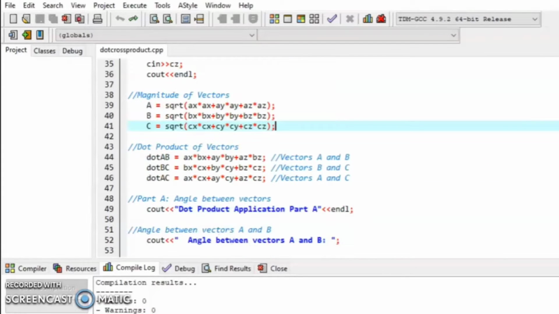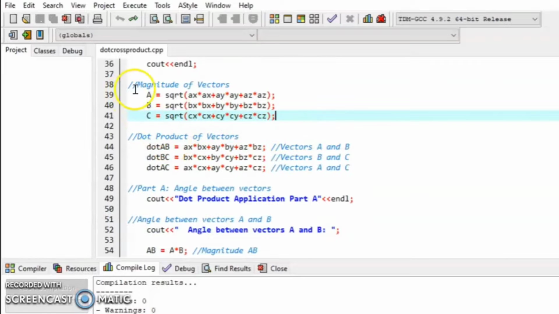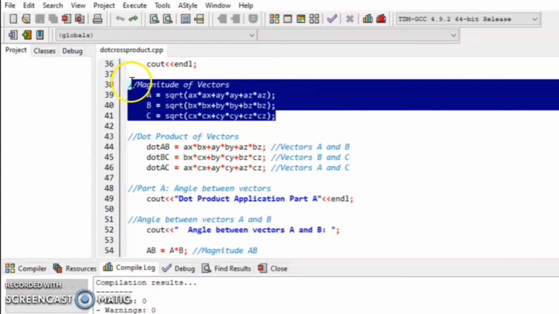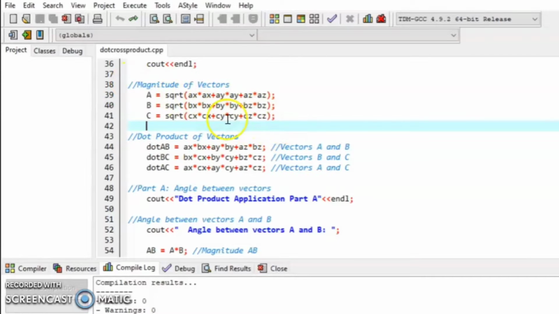Next is the dot product of vectors. We included the magnitude of vectors, since it is needed in the formula for the dot product of vectors.